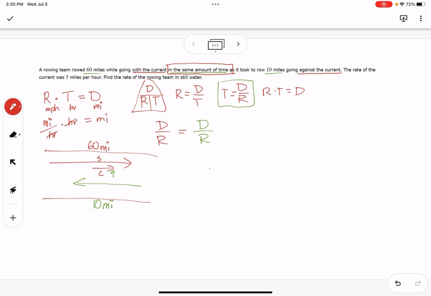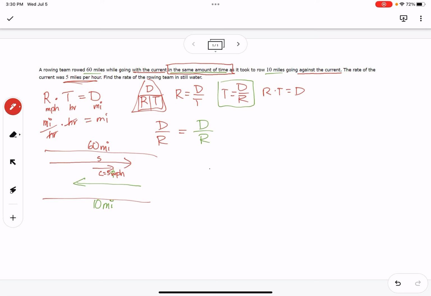In prior questions, you may have seen the distances are the same, and so then your rate times time scenario gets equated to each other. Of course, this can be done in other ways, but this is the first thing that comes to my mind. The rate of the current was 5 miles per hour. Okay, so we know the current rate is 5 miles per hour. Find the rate of the rowing team in still water.